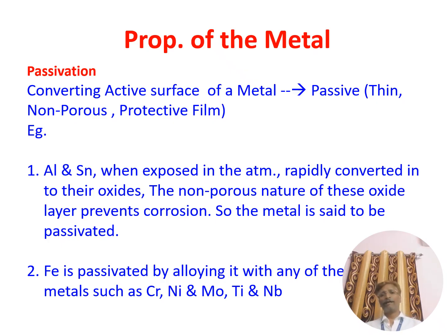Then, the property of the metal. Okay, so converting the active surface of a metal into a passive film. This one I have already explained with some examples in my previous lecture.